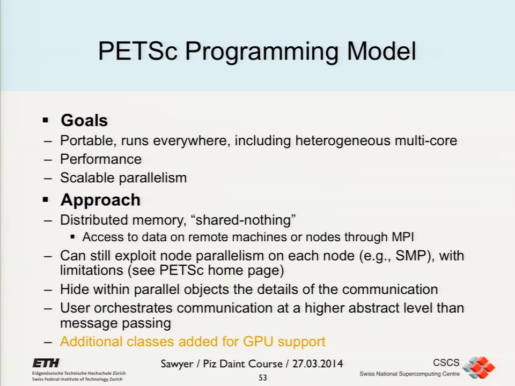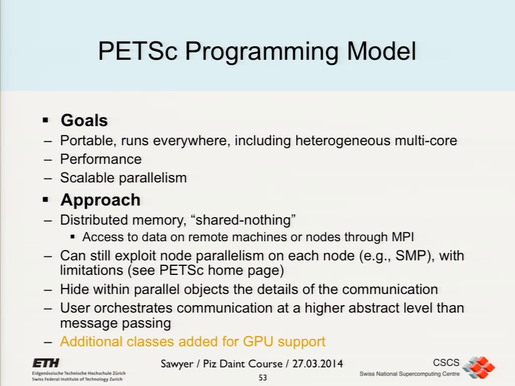The goals, I think I mentioned, it's supposed to be portable. It should run anywhere from your laptop to the Cray XC30. It should be performant and scalable, with distributed memory parallelism for these PDE problems. I think I mentioned many of these things already.